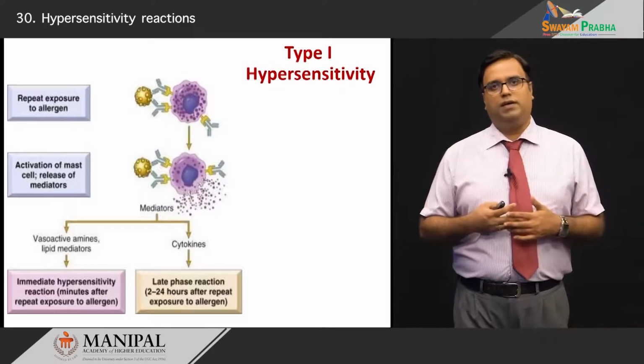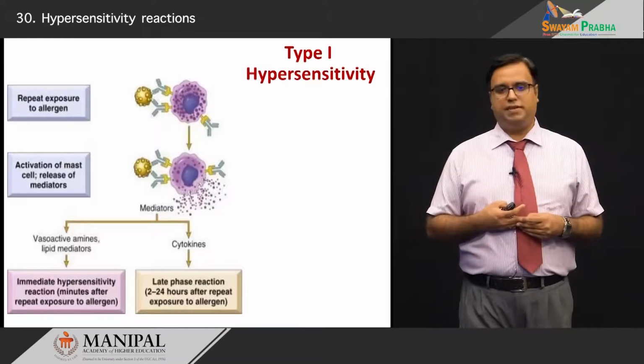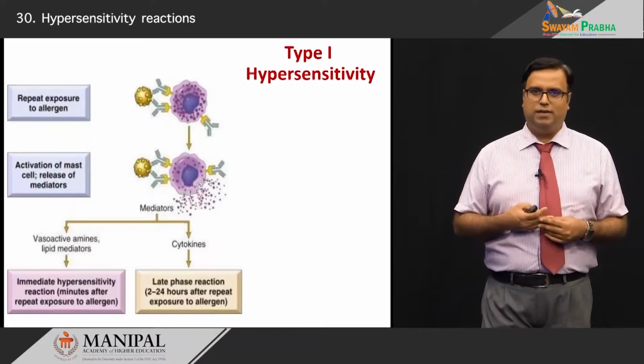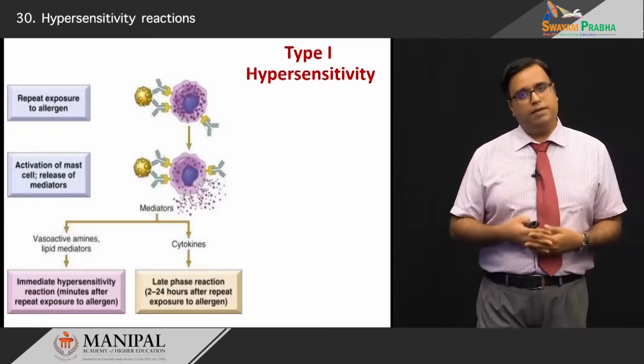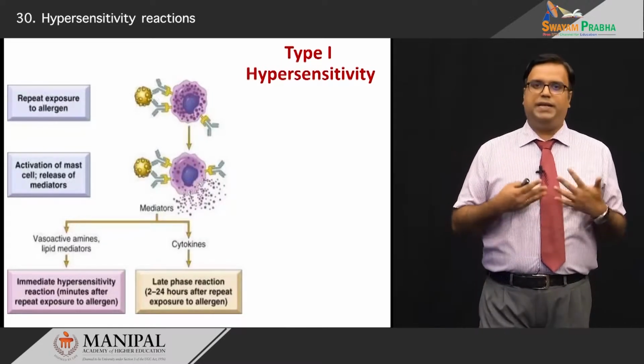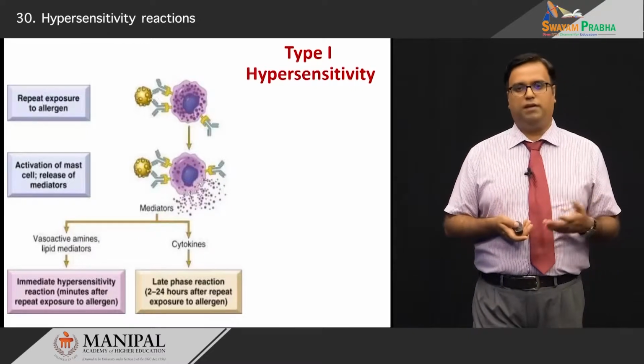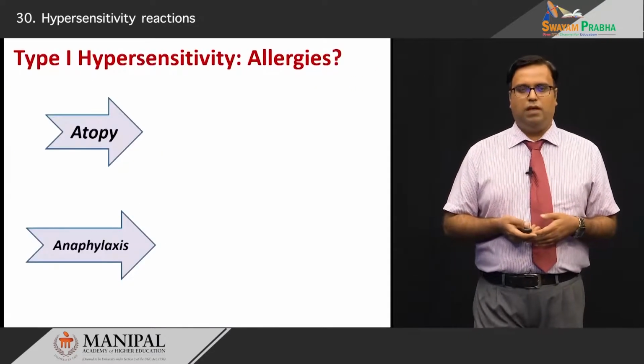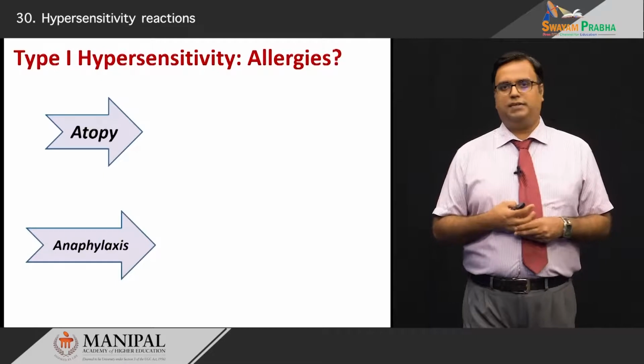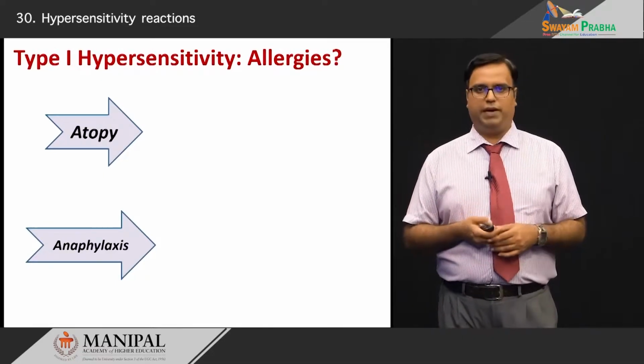And then you have cytokines, which are released as a late phase reaction, maybe 2 to 24 hours later, but that also is clubbed under an immediate reaction, and after repeat exposure to allergens, you will have a repeat reaction.